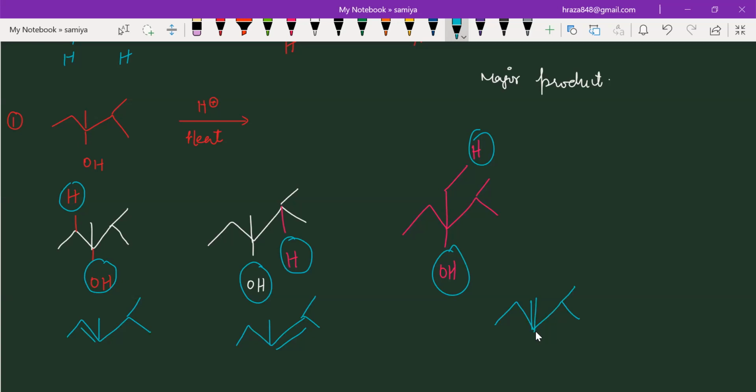Which one will be the major product? So see, this may look complicated, but you can write it also like this. You can also write this as this and this as this. Can we write this? Both are same. Yes, sir. So it's very easy, basically.